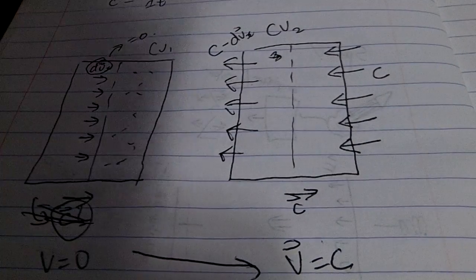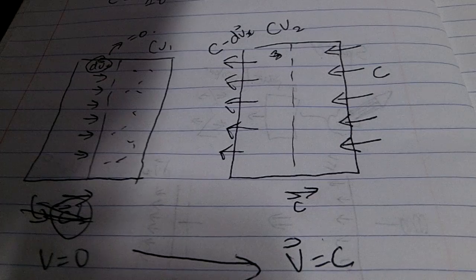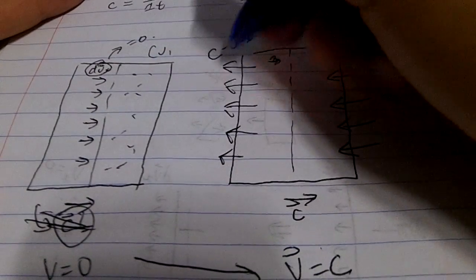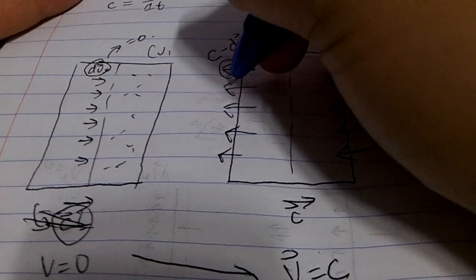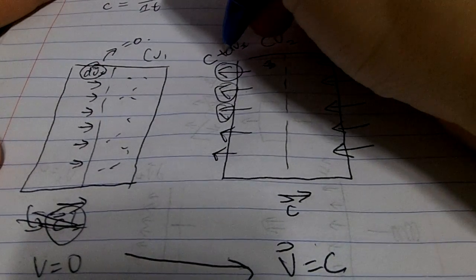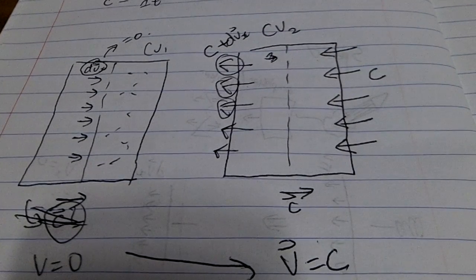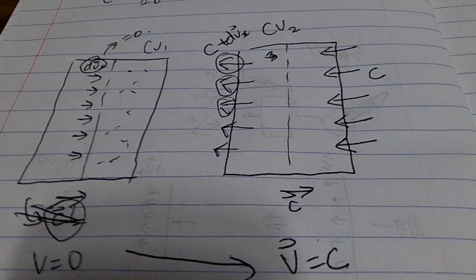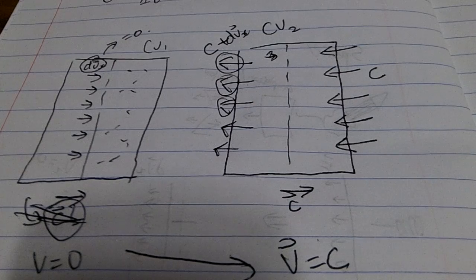Is it c minus dvx? If it's moving at c, outside should be moving at c plus dvx. What is c minus dvx?